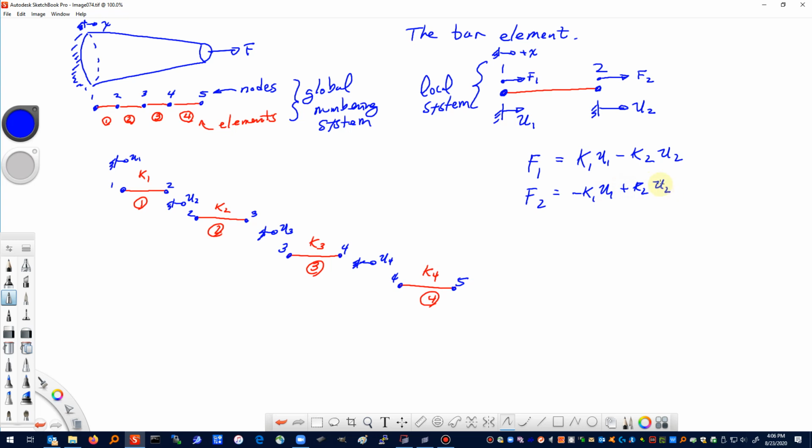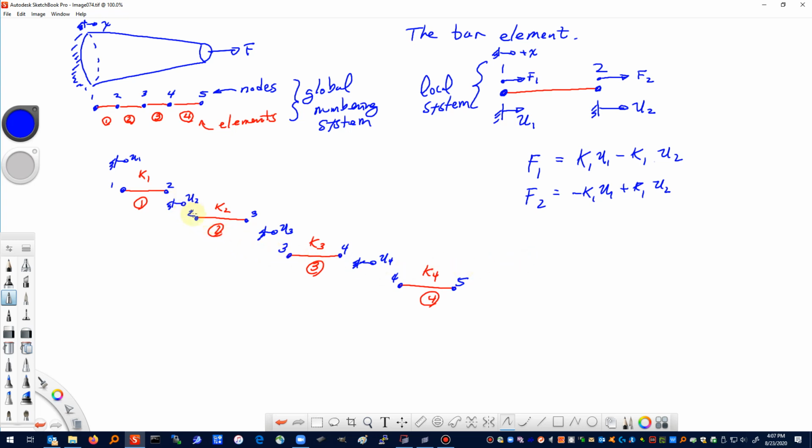But it's also influenced by the stiffness and the displacement due to element number 2. Oh, sorry. I'm getting carried away here. I have to be very careful. These are both for element 1. But force number 2 is also influenced by element number 2. So that is when the stiffness of element 2 will be incorporated.